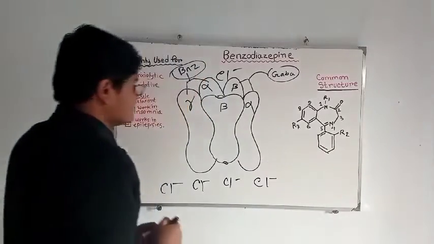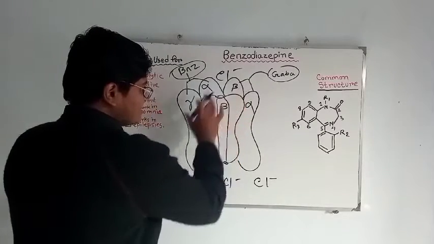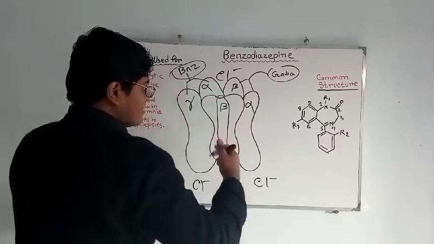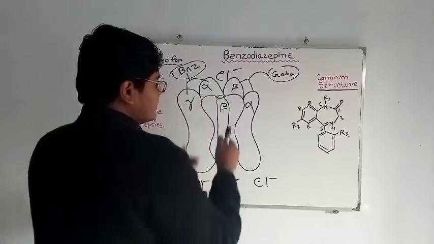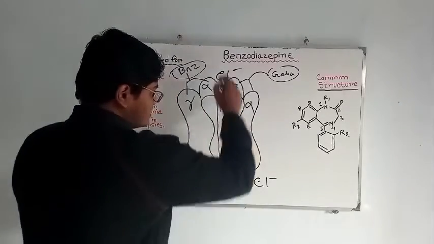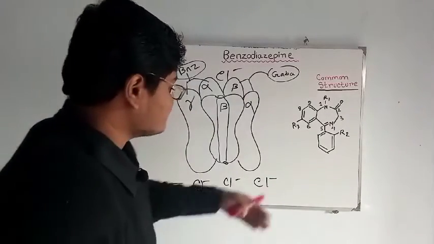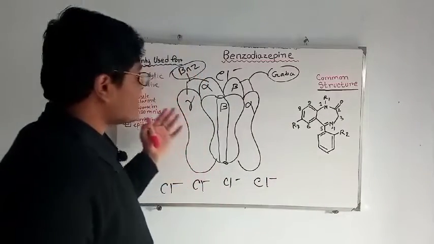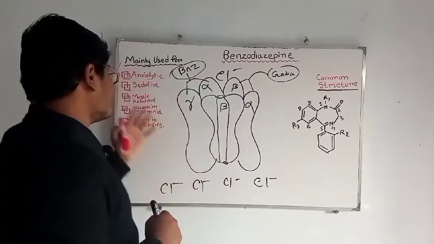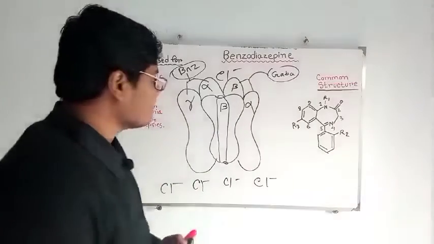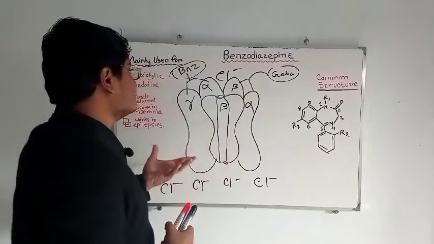You can think of this as a pipeline, and this is the blocker of the pipeline. When benzodiazepine attaches to this position, it enhances the permeability of chloride ion into the intracellular fluid, and then we get the sedative action, anxiolytic action, or muscle relaxant action. This is how it actually works. This is the mechanism of action of benzodiazepine.